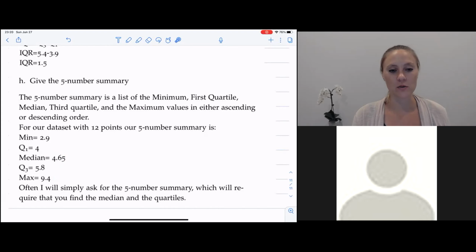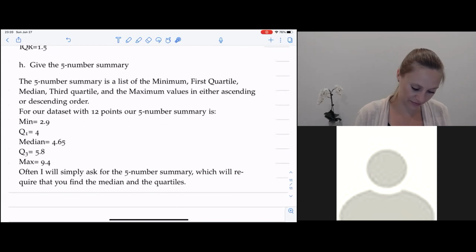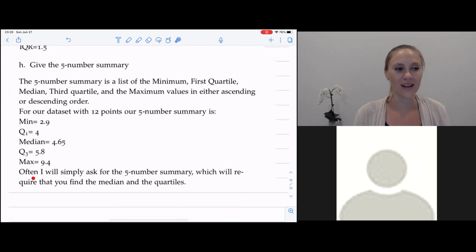Often I won't ask you to calculate the quartiles or the median. Instead I'll ask you to calculate the 5-number summary, which requires that you find the median and the quartiles.